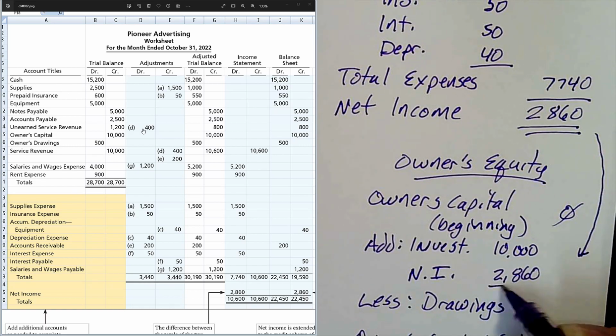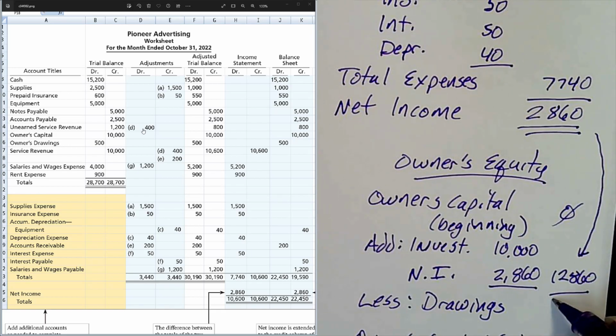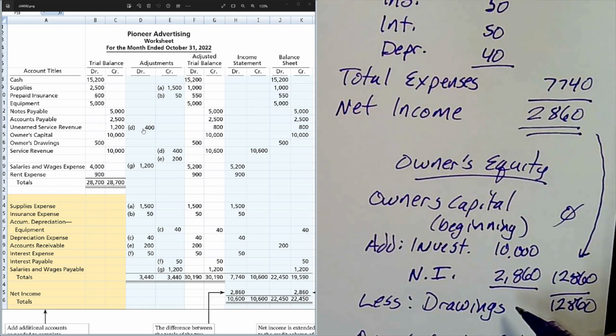Here I will do a subtotal, 12,860, and it'll be 0 plus 12,860 for a total of 12,860. I'm kind of mixing my items up a little bit. Drawings are going to be, if we look at our information here, the amount that the owner withdrew from the capital, and it is 500.